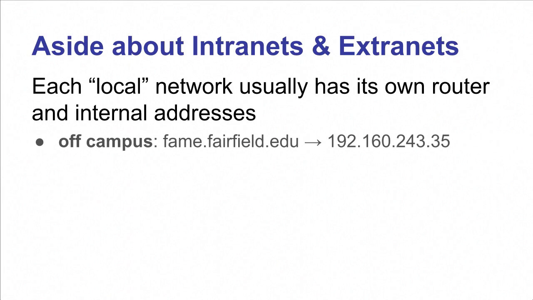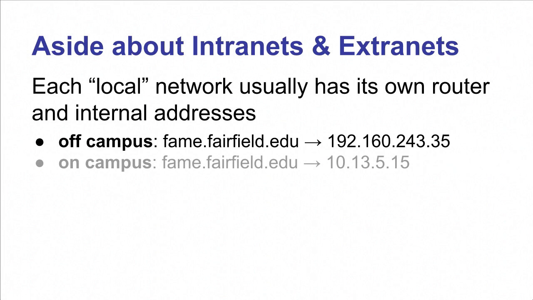For example, when accessed from my home in town, the fame.fairfield.edu server is located at the address 192.160.243.35. However, when accessed from my office on campus, the server is at the address 10.13.5.15.